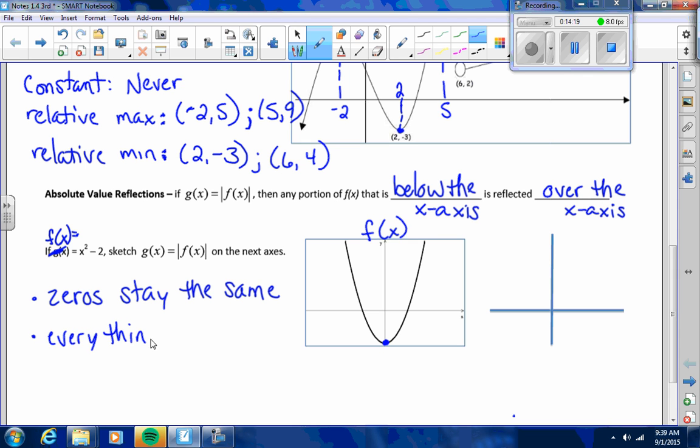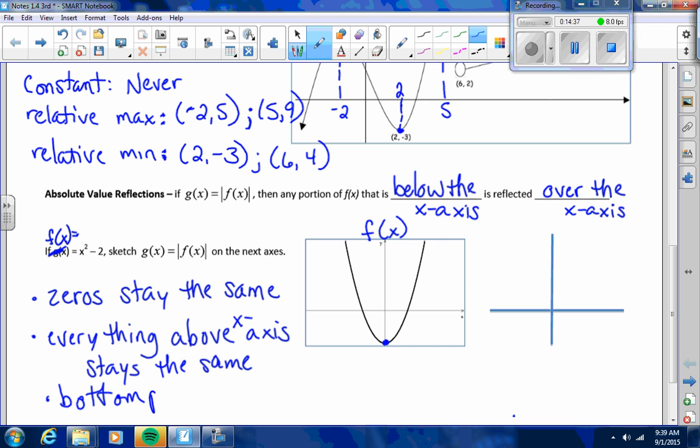Everything above the x-axis stays the same. It's just the bottom part is reflected over the x-axis.